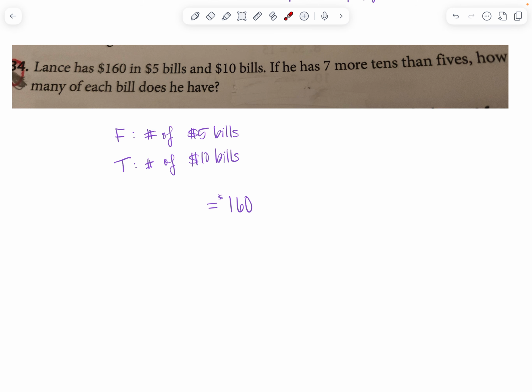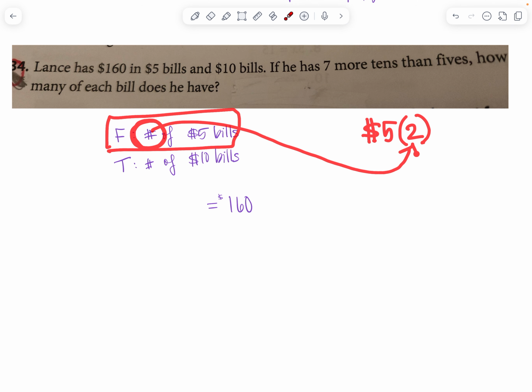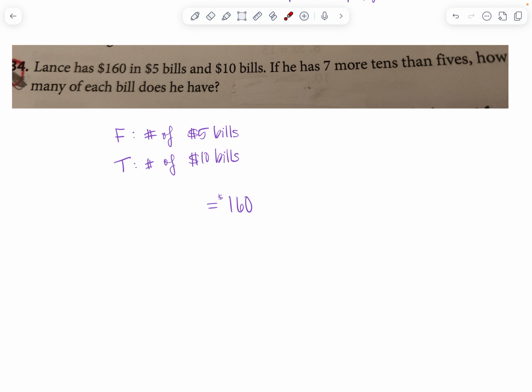Each one is worth $5, so that's going to be like saying I have $5 times 2 bills. Remember, the F is my number of bills. In this case, my F would be 2. Let's say that you have 9 $5 bills. Well, that's going to be $5 times 9 bills.